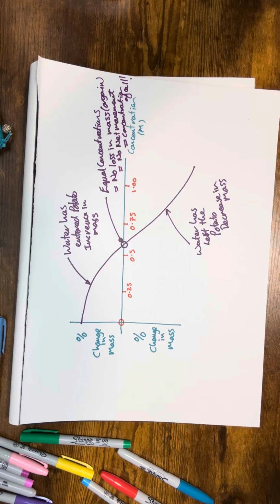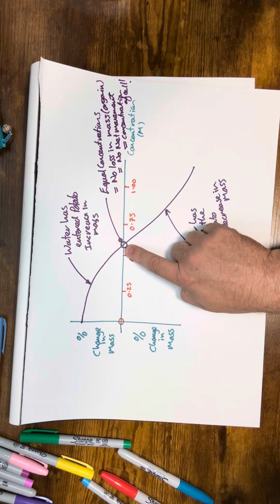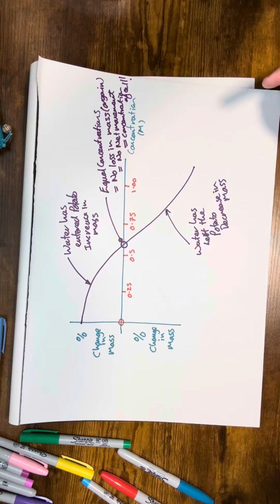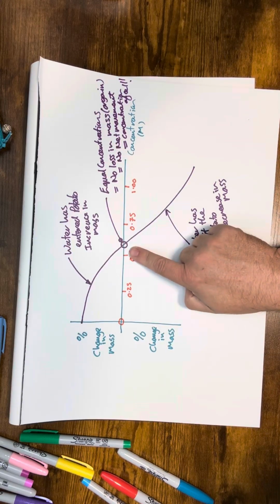When you interpret this graph, wherever it crosses the x-axis is the concentration of your cell. And remember, what's happening here is there is no net movement in any particular direction. So there's no loss in mass or no gain in mass. So this is where you'd find the concentration of your potato chip.